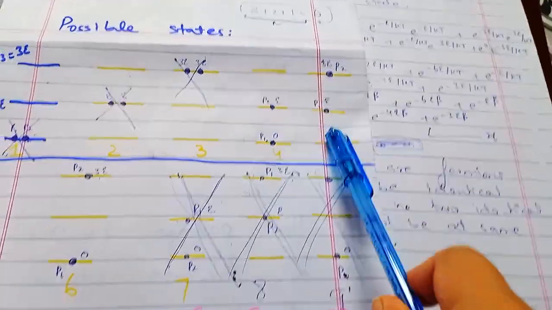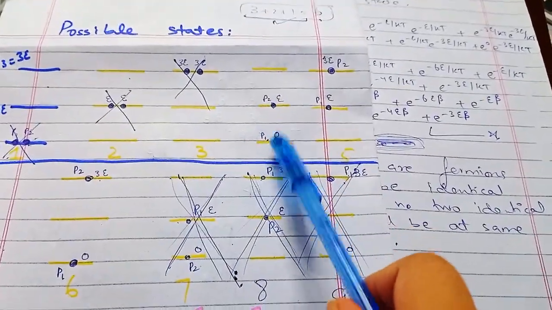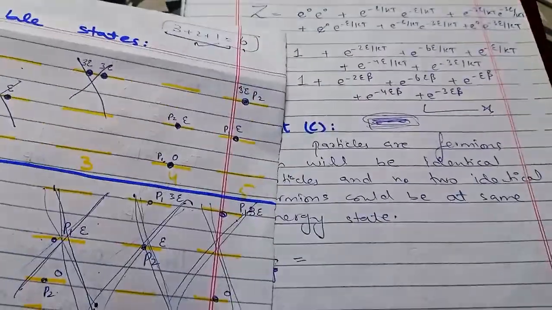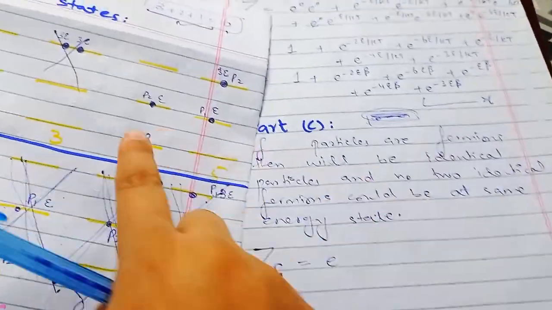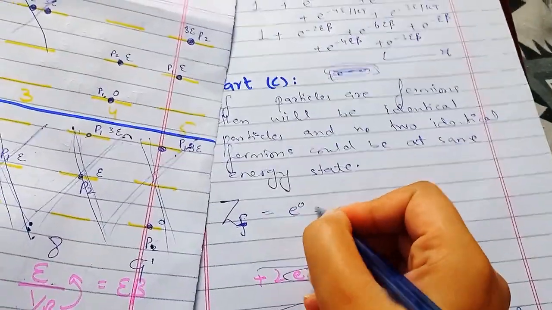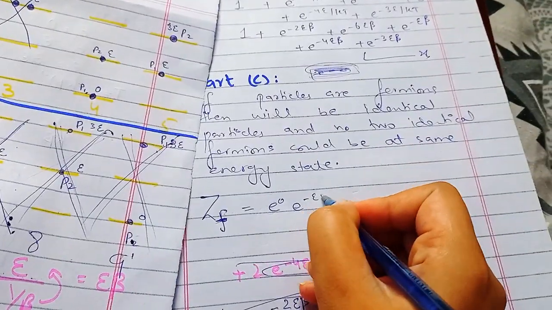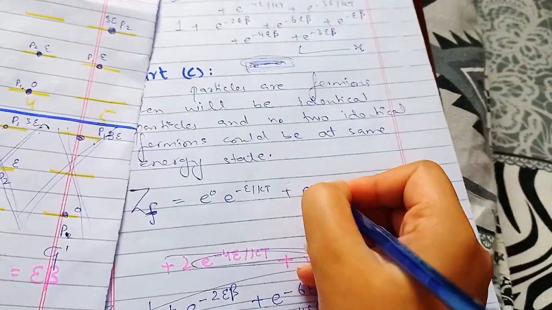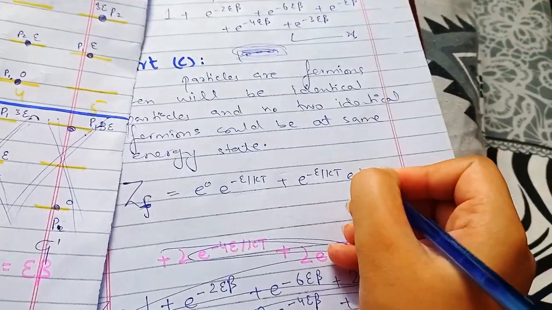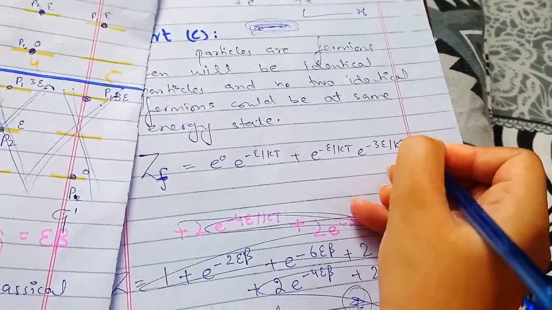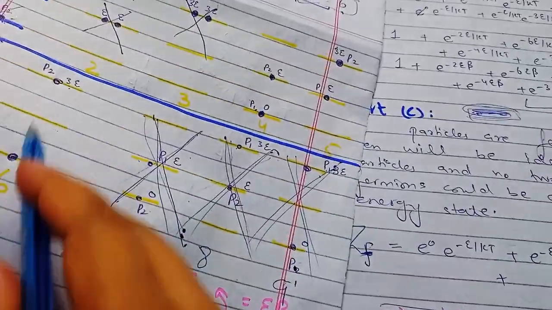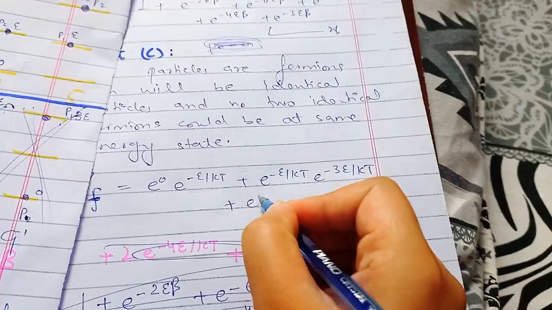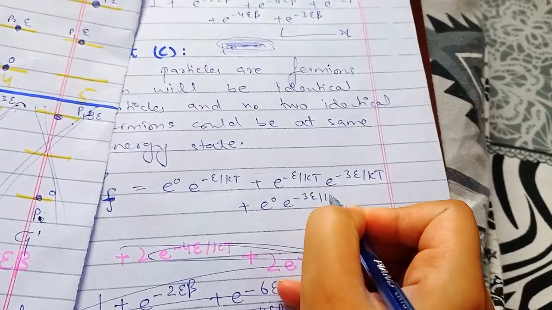And this, and this. Okay, let's write the energy terms. For the first particle it is 0, second is E: e to the power minus E by kT, plus E and 3E: e to the power minus 4E by kT, then plus sign. The third one is 0 and 3E: e to the power minus 3E by kT.